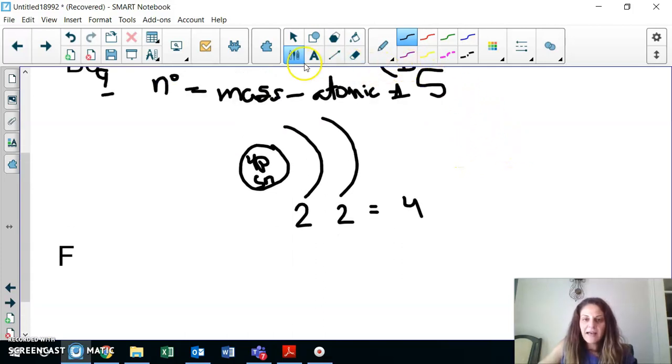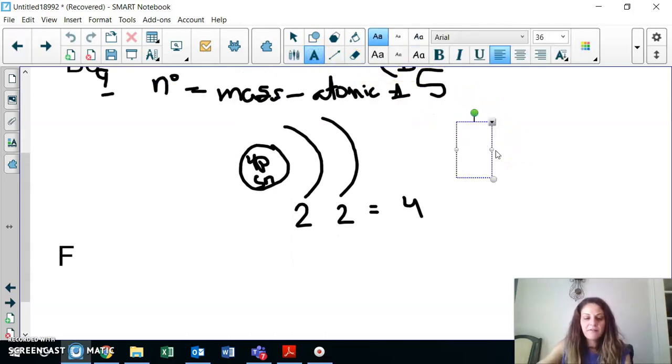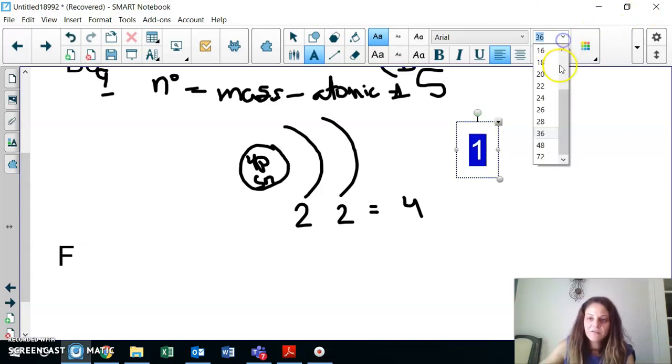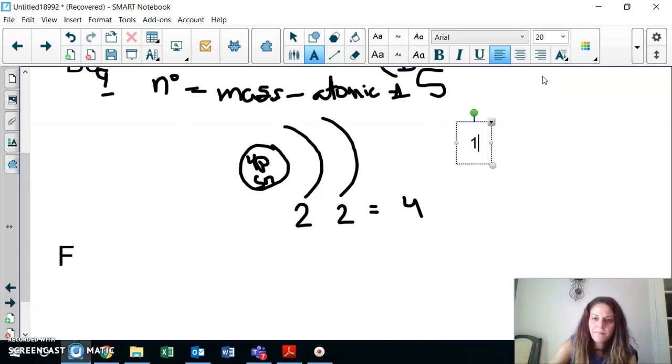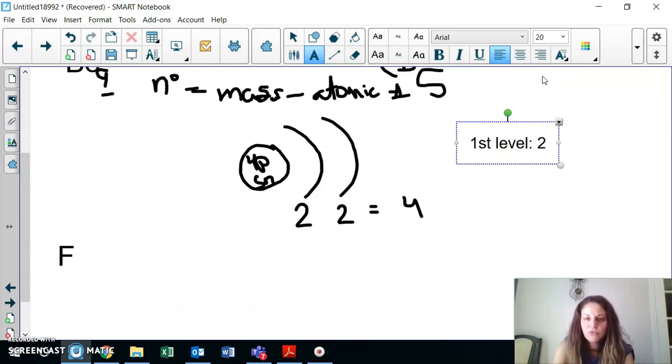So here's just one small rule for electrons on every shell. On the first level, you can only have 2. It can only occupy 2. On the second level, you can only occupy 8, maximum of 8. And on the third level, you can occupy a maximum of 18.